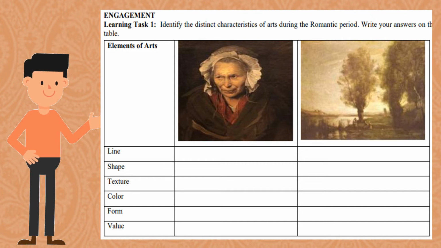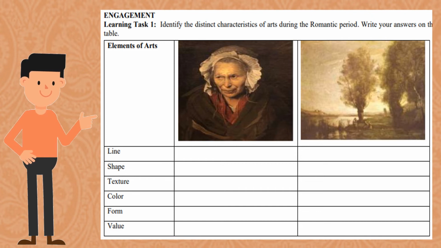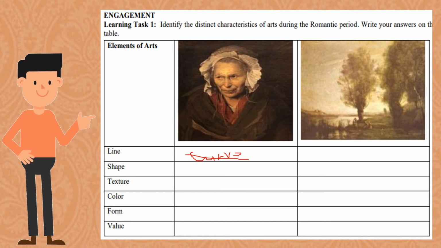Is it curved? Is it straight? And so on and so forth, such as the shape, texture, color, form, and value. Just write your answers on the space. For example, the line is curved, or diagonal, and you will just write it there.